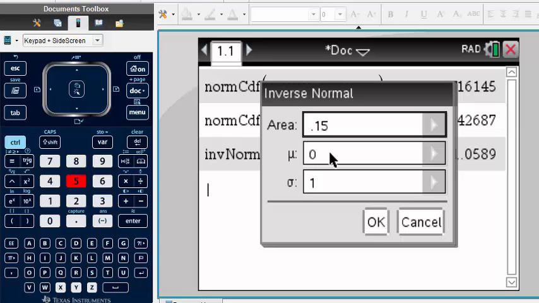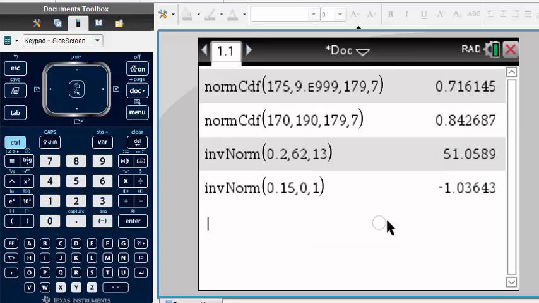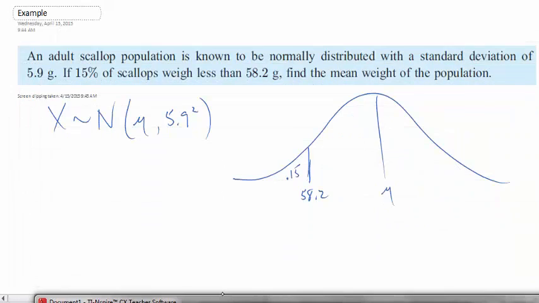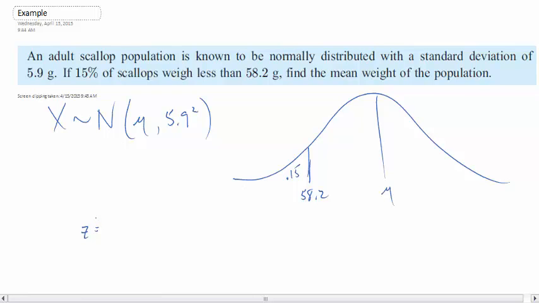When I do my inverse normal for this, I'm going to get the z-score that corresponds with the 0.15. So my z-score is this. So I can come back to my problem and I can write down z equals negative 1.0364. And it's negative, which is good since our data value is smaller than the mean.